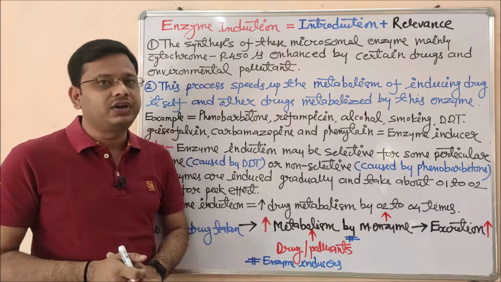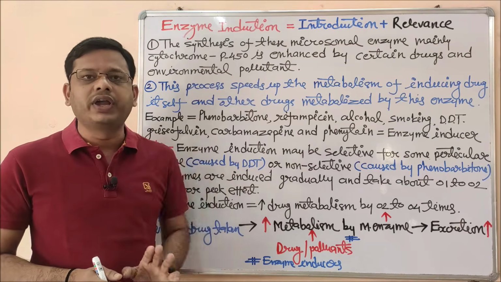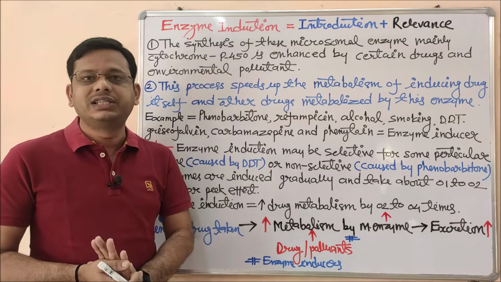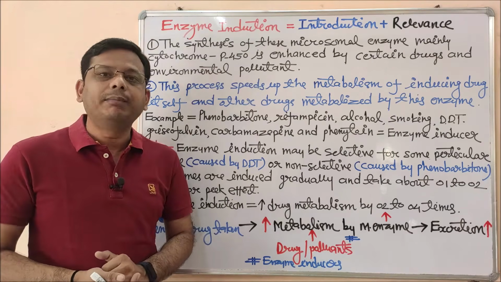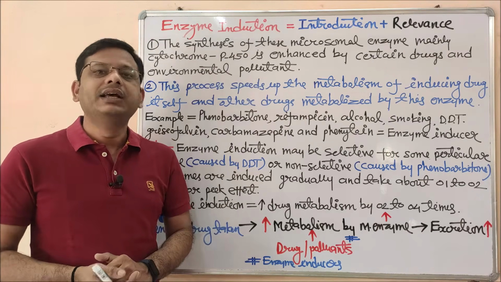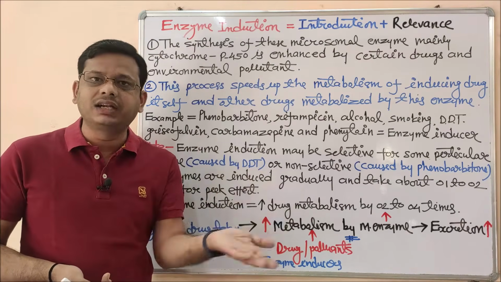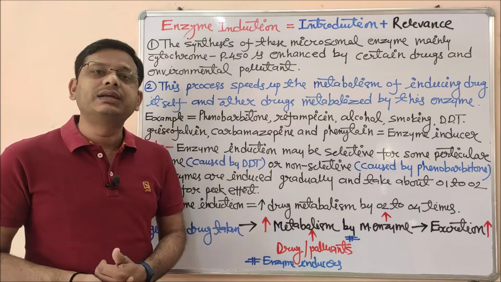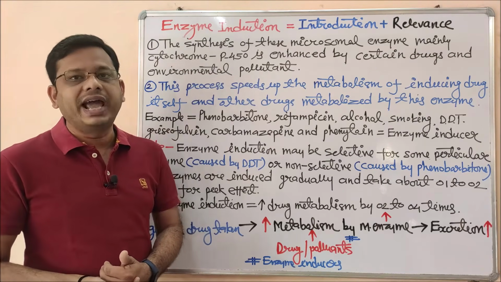So what is going to happen now? See, in the 10% metabolism, everything was fine, the optimum metabolism was achieved, but now the metabolism rate has been increased by 10%. So the metabolism process will be faster, and as well as their destruction, or we can say the conversion into another form, either active or inactive. That depends upon the drug and the type of metabolism, whether the metabolite will be active or inactive.